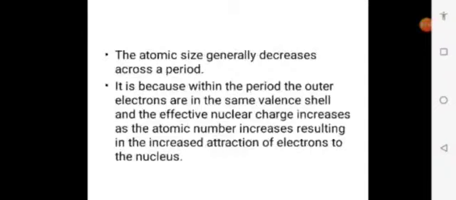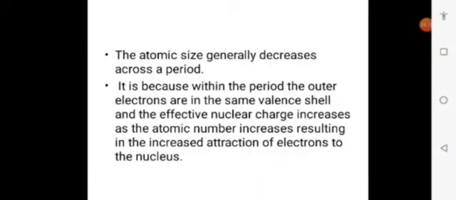In this structure of the periodic table we can see easily that when we move in the second period, lithium, beryllium, boron, carbon, nitrogen, oxygen, fluorine, the atomic size regularly decreases. In the next period we can also see easily that the atomic radius decreases.